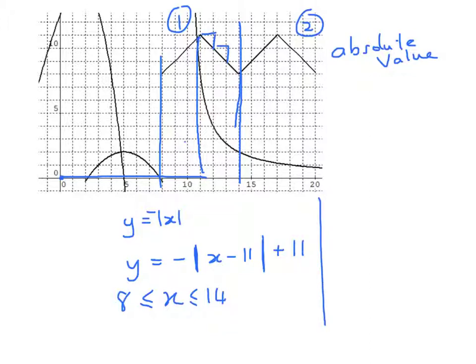For the second graph, graph number 2, let's look at, this is all in the way here, isn't it? It's moved, graph number 2 has moved across 17, so it's y equals negative x minus 17, and it's also moved up 11, so it's plus 11 there.